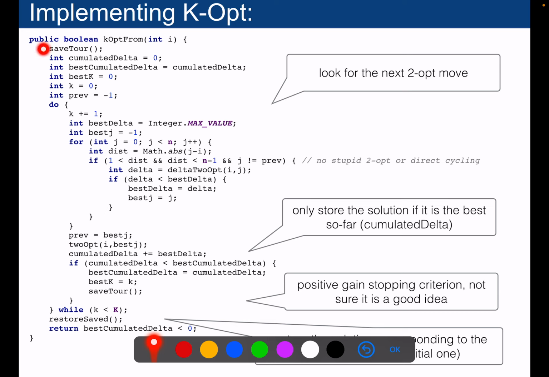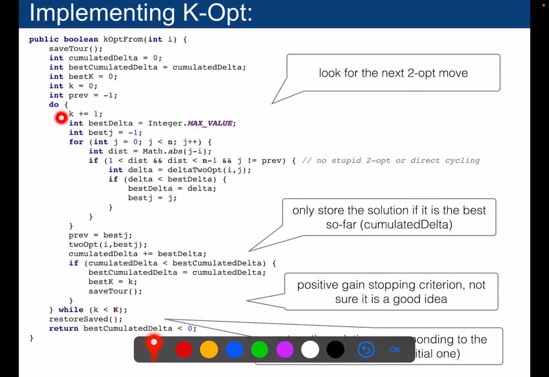First, what we do is that we will save the tour. We have a variable that will compute the cumulative delta, and that will be the best cumulative delta and the best k. So this is because once we have a negative gain, we come back here and we will restore the saved solution. And the saved solution will be the one that corresponds to the best cumulative gain. Okay?